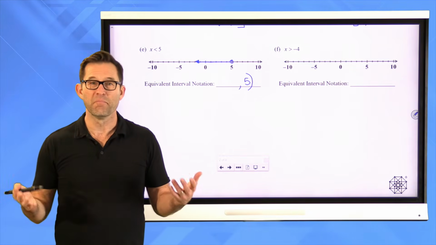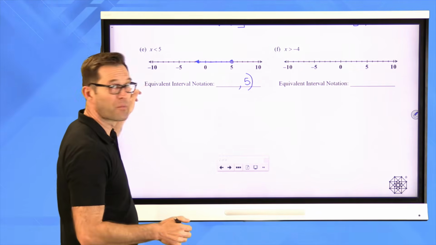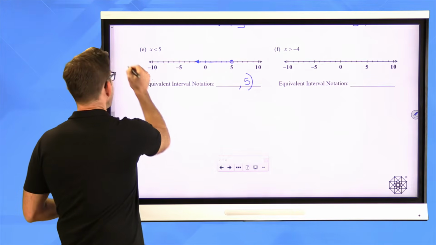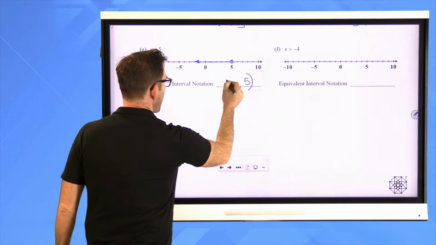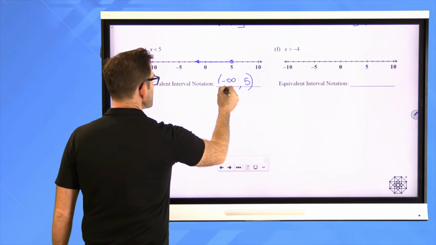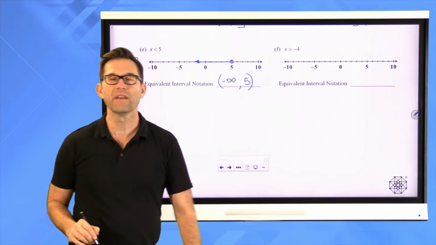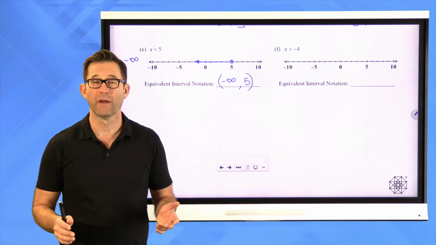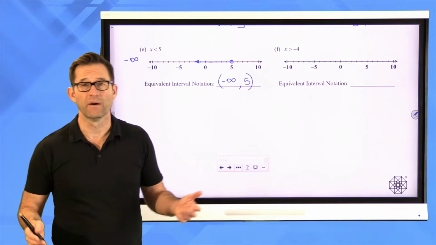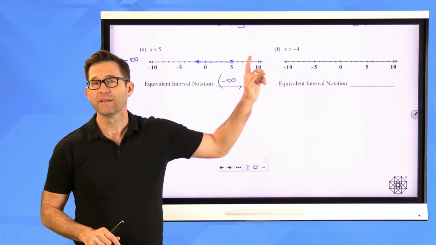Now, what is my beginning number? Well, my beginning number is the number that's way out here, and that's negative infinity. So that's actually my beginning number, and just like positive infinity, negative infinity can never be included. Simple enough.